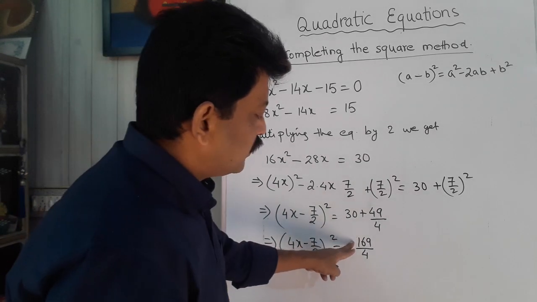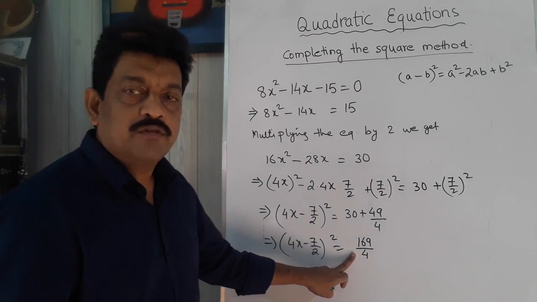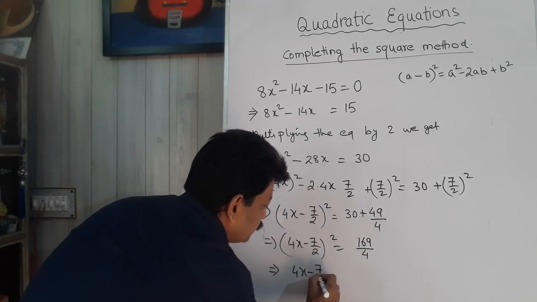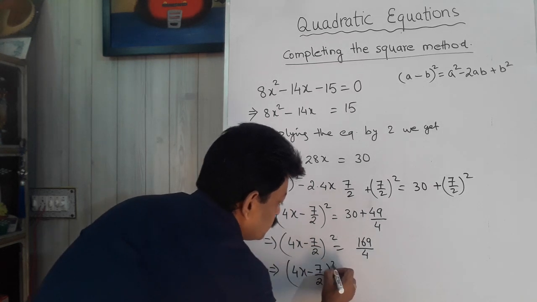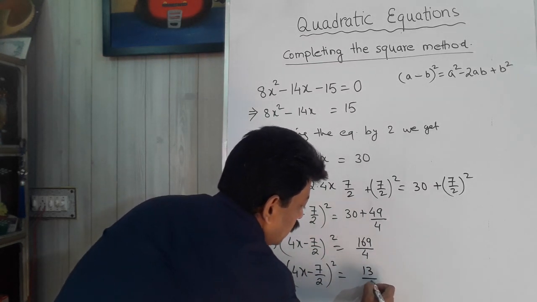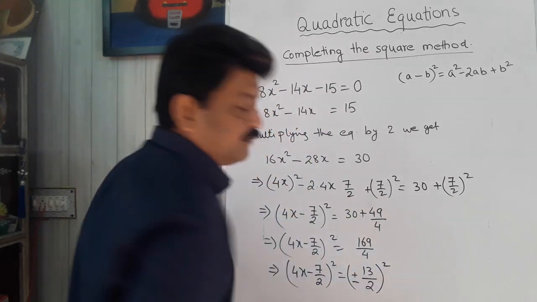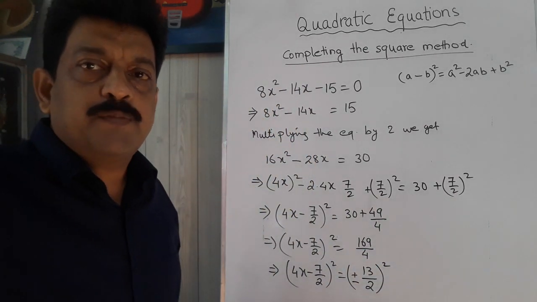So here in place of 169 upon 4 we have to write (plus minus 13 upon 2) whole square. Hope you have understood this part.